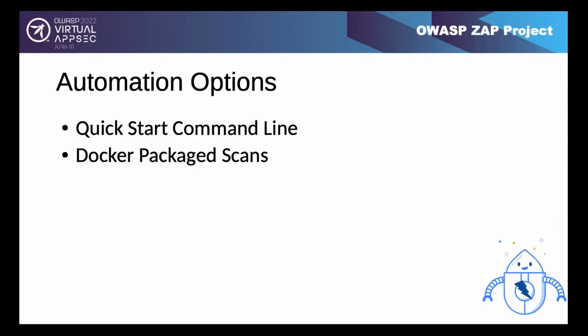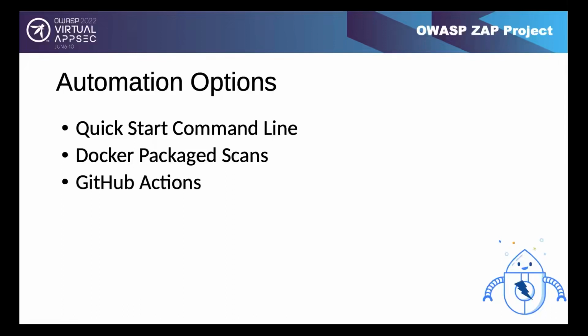And we have a full scan where ZAP will do one or both of the spiders, do the passive scanning, and then do the active scanning as well. So the Docker package scans offer a lot of useful functionality, and provide some simpler options. Those are good options for using ZAP in an automated way.